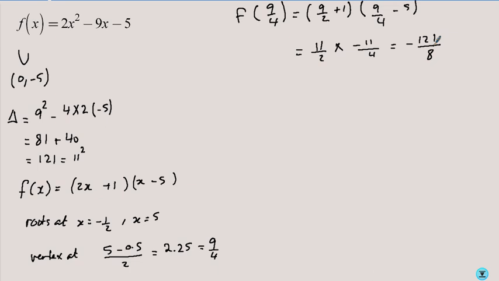And then you want to work this out. This would be minus 15 and 1/8, which is 0.125.